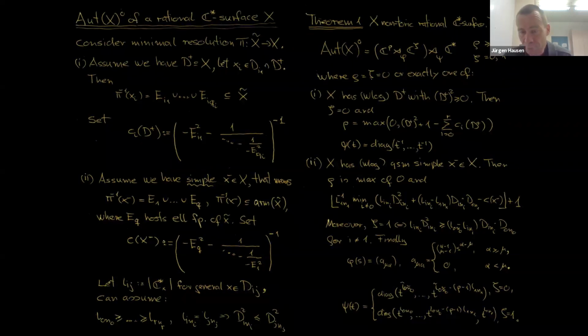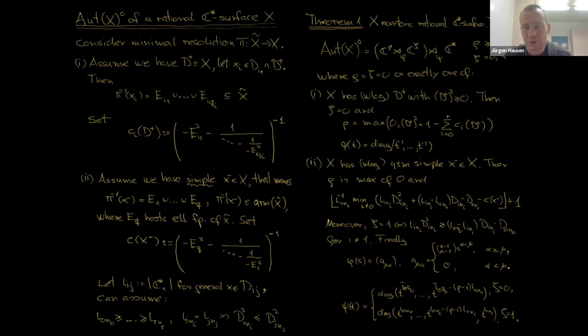If zeta equals 1, it turns out that X is necessarily smooth at this elliptic fixed point, and then we can read off our isotropy group orders from our original surface. So this is the statement on the automorphism group of a rational projective C star surface.